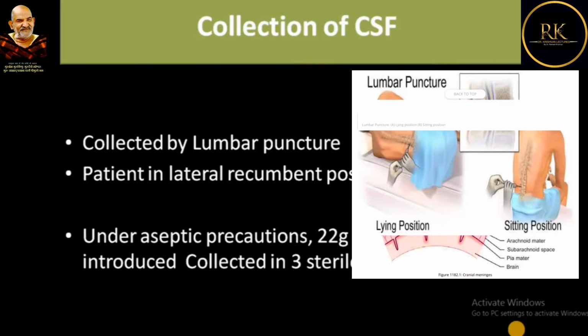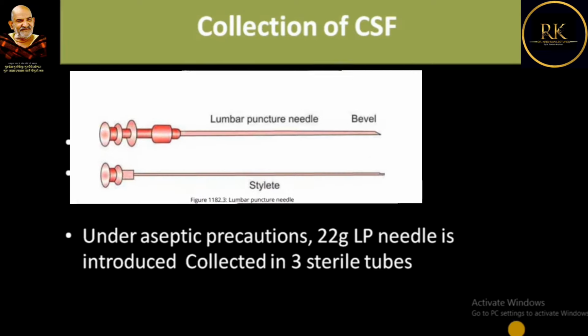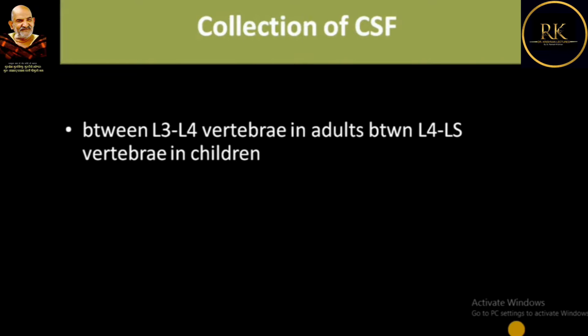A 22 gauge LP needle is introduced and CSF is collected in 3 sterile tubes. LP needle is introduced between L3 to L4 vertebra in adults and between L4 to L5 vertebra in children.